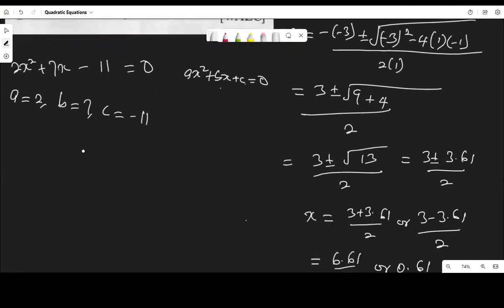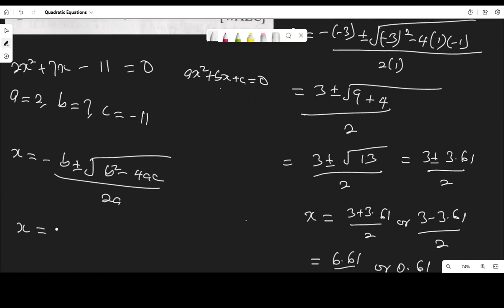Putting that into the quadratic formula, which is x equal to minus b plus or minus the square root of b squared minus 4ac over 2a, x becomes -7 because b is 7 there.